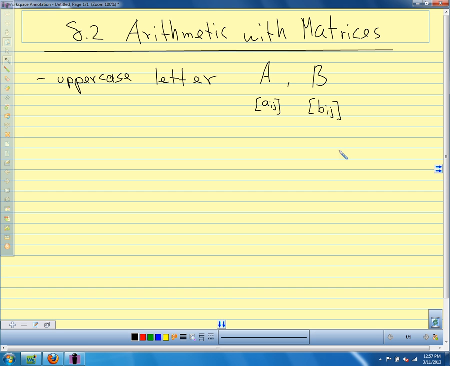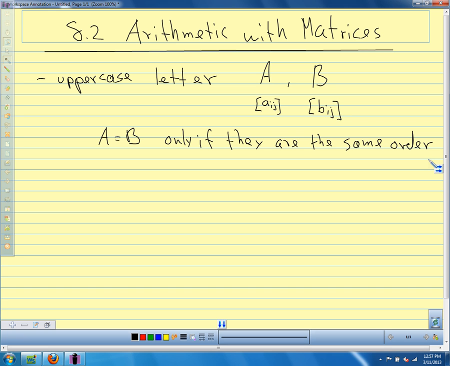Matrices are equal only if they have the same size. They have to have the same order, because it doesn't make sense to say a 2x3 matrix is equal to a 4x6 matrix.